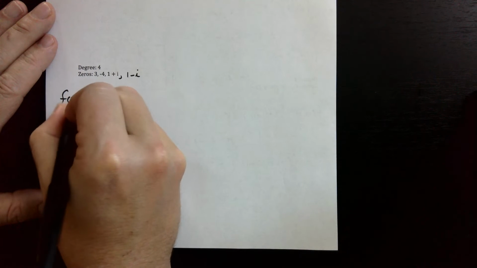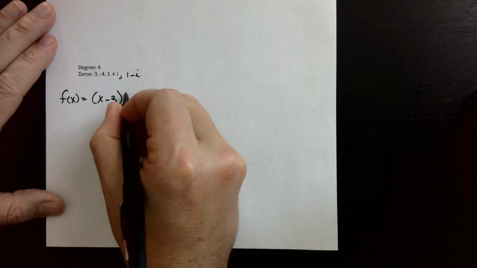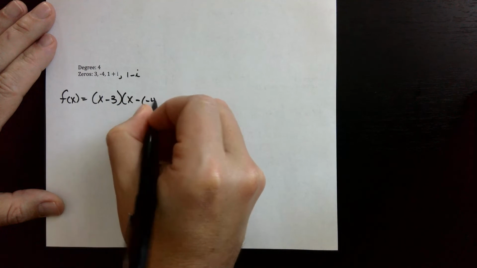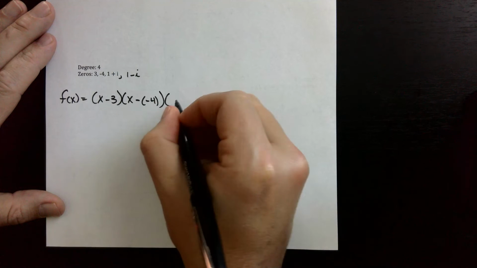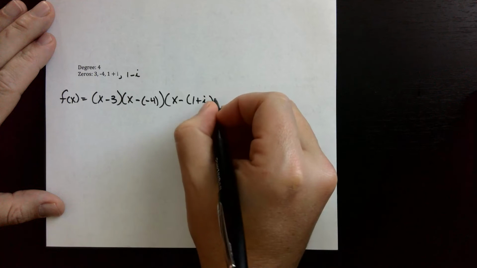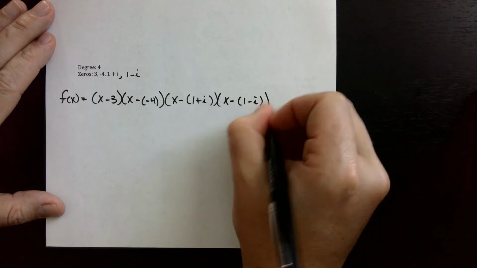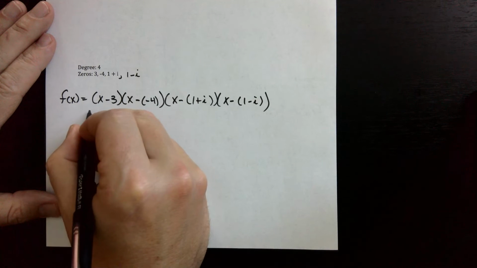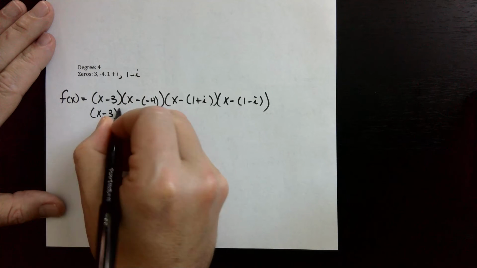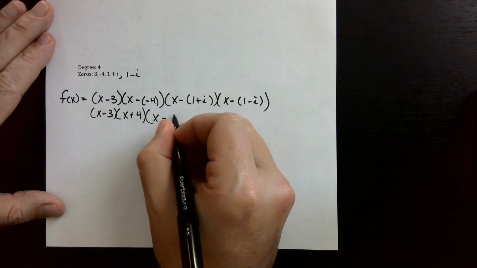So f of x is equal to x minus 3, that's the first one, x minus a negative 4, that's the second one, and then x minus (1 plus i), and x minus (1 minus i). Okay, so that will be x minus 3, x plus 4, and then we'll keep those written in the same way.